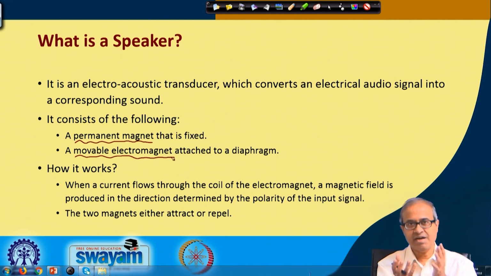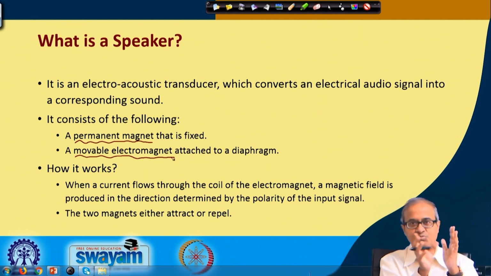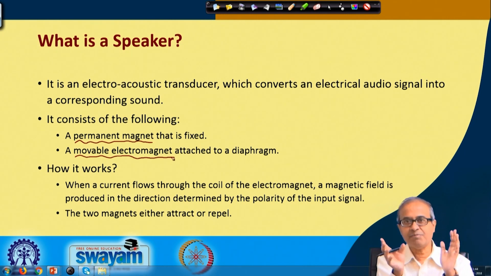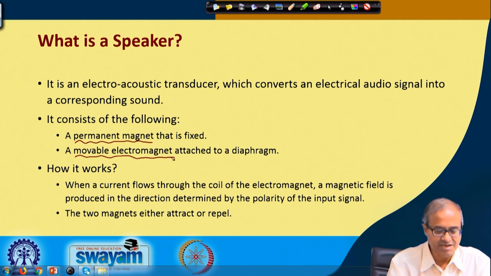So, the idea is like this: there is a permanent magnet and the coil around the ferromagnet is movable. Whenever there is a current flowing, this will become a magnet. So, it will either be attracted towards the permanent magnet or it will be repelled from the permanent magnet. Depending on the kind of current you are passing, there will be a vibration. Okay. This is the basic idea.